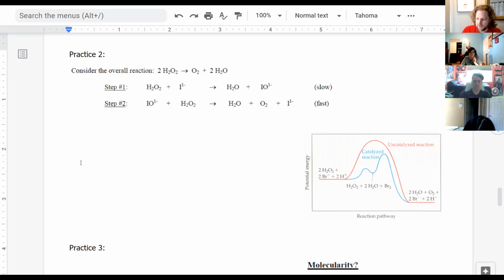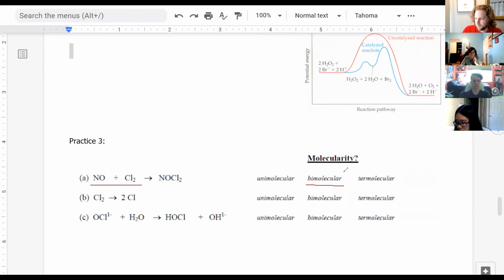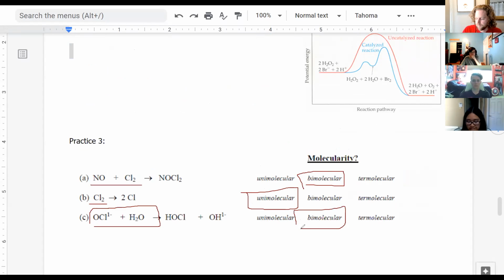All right, what else? I'm just kind of skimming these, some examples. You can look at this. Two substances, this is bimolecular. One substance is unimolecular. And then two substances is bimolecular. Just some examples.